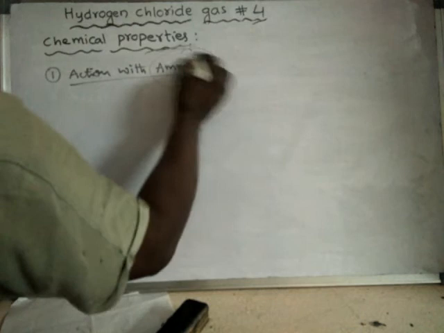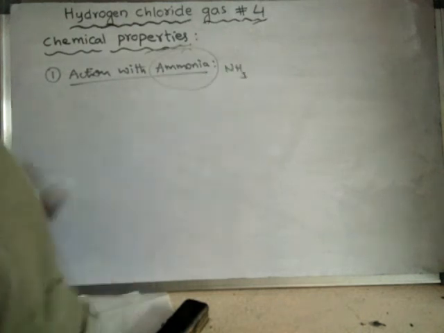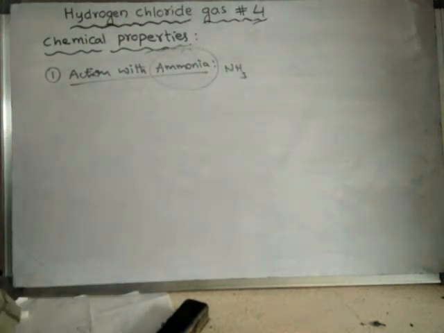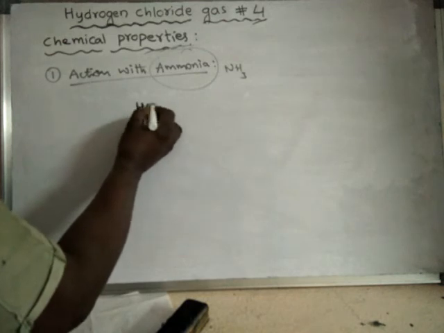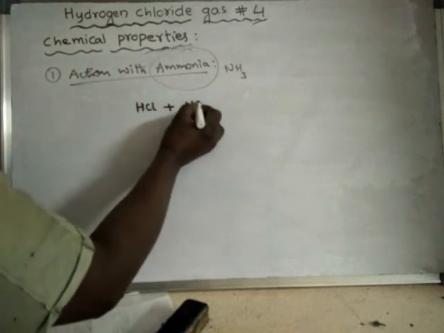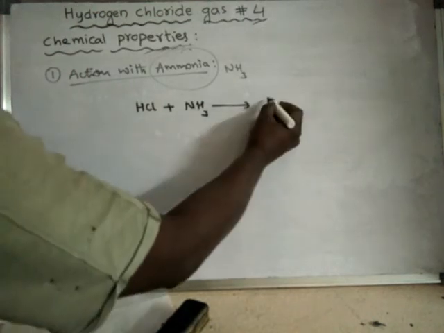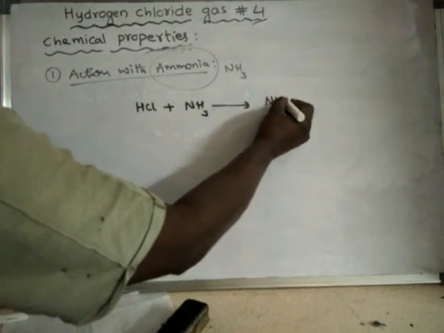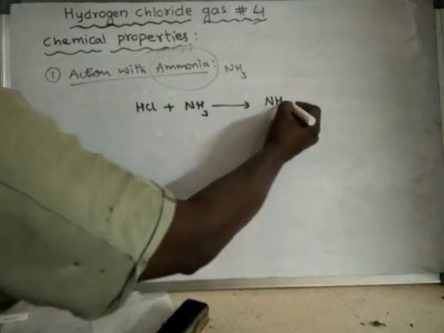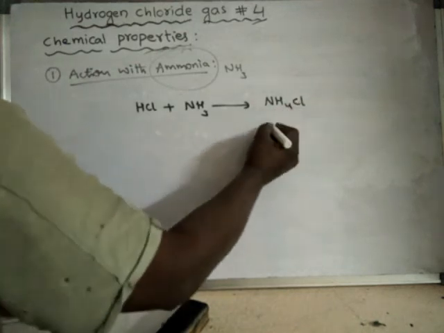What is the formula of ammonia? NH3. See, when HCl gas comes into contact with ammonia, what happens? Both of them react with each other to form ammonium chloride.